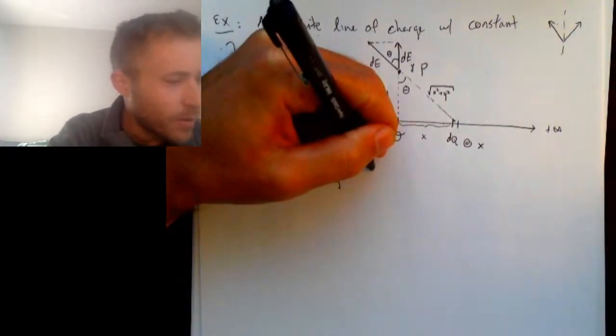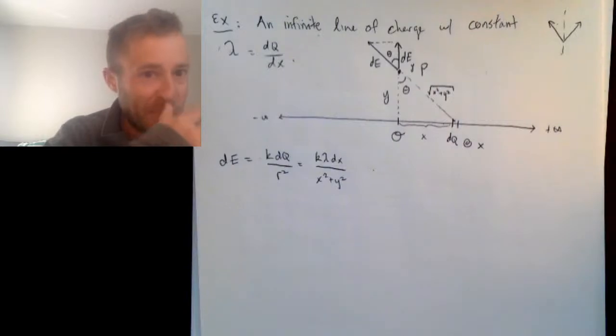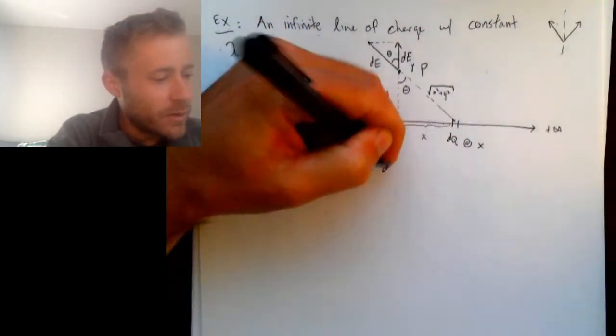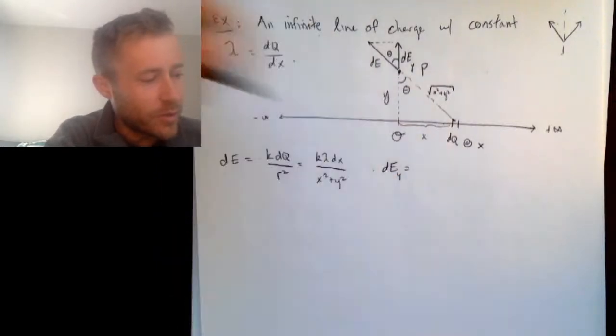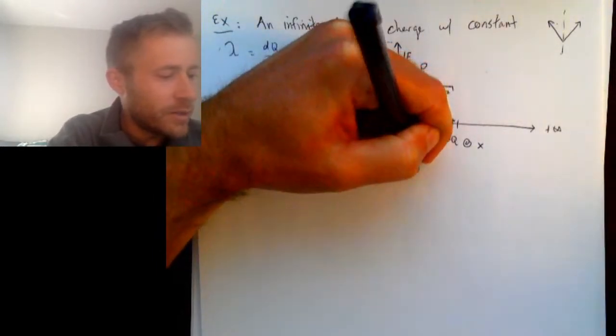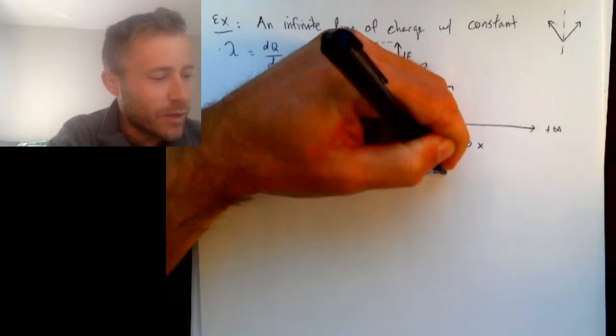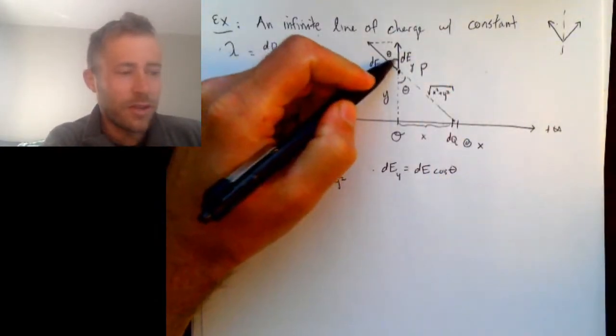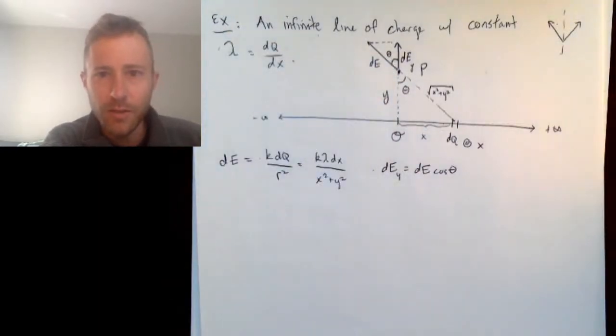The y component of the itty-bitty electric field is going to be dE times cosine of theta, because here's the angle and it's adjacent to the angle.